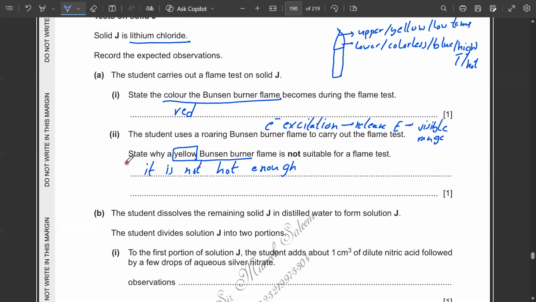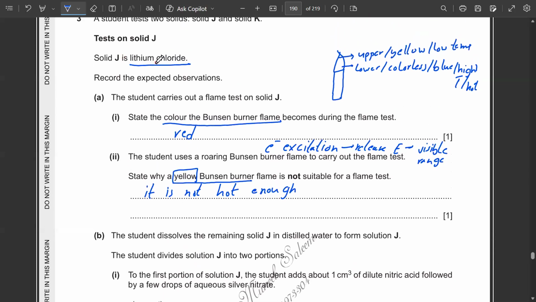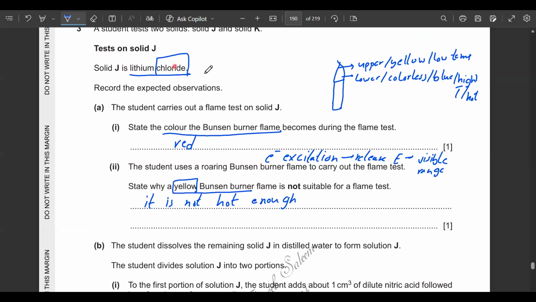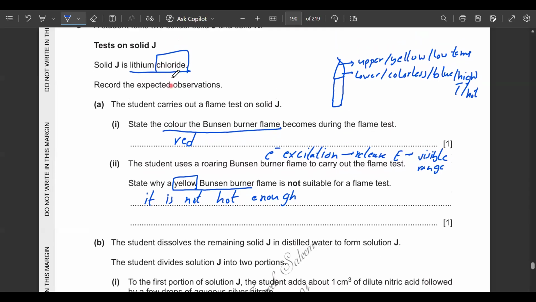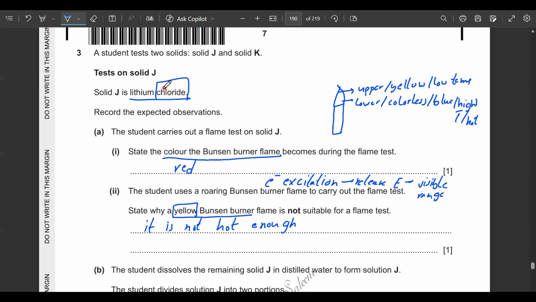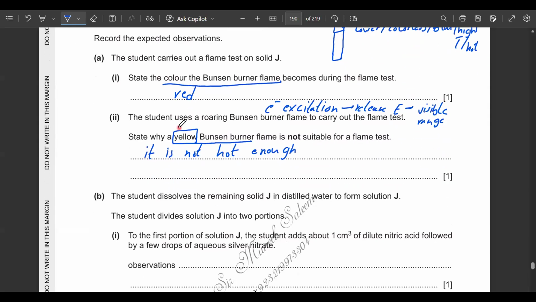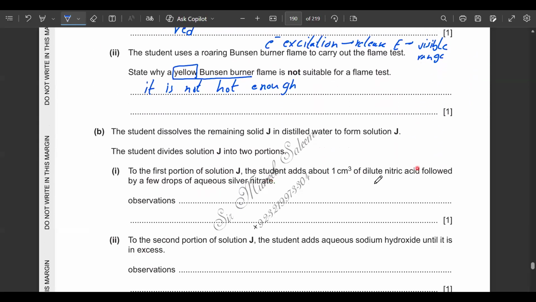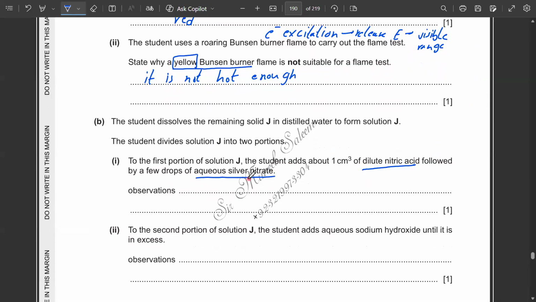So we remember J is lithium chloride, and being a lithium chloride, we are going to test the chloride in compound J. To check the identity of the chloride ion, we are performing the test with the dilute nitric acid along with the aqueous silver nitrate.